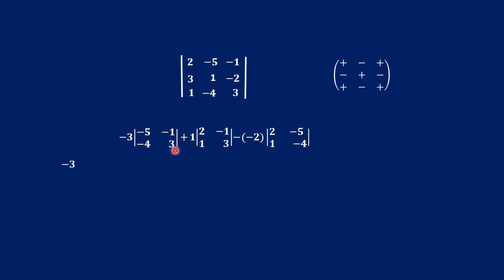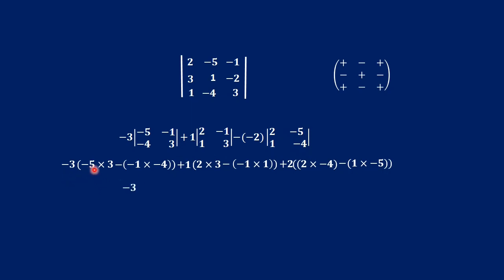That is the product of this diagonal minus the product of this diagonal. So we have -5 times 3 minus -1 times -4, plus 1 times 2 times 3 minus -1 times 1. These two negative signs will give us positive. So the determinant of this 2 by 2 matrix is 2 times -4 minus 1 times -5.